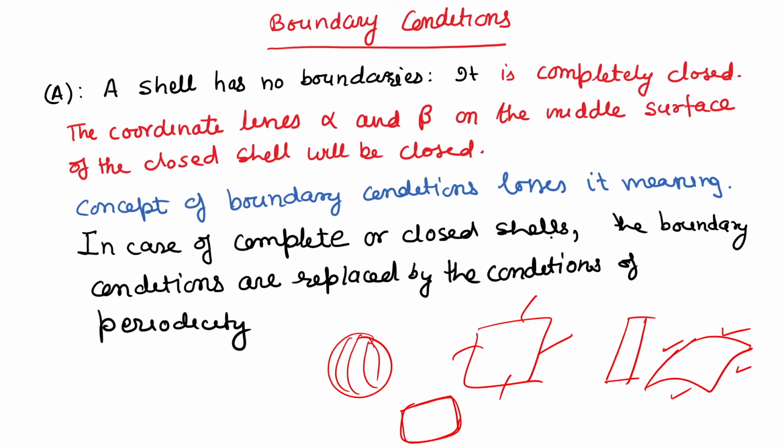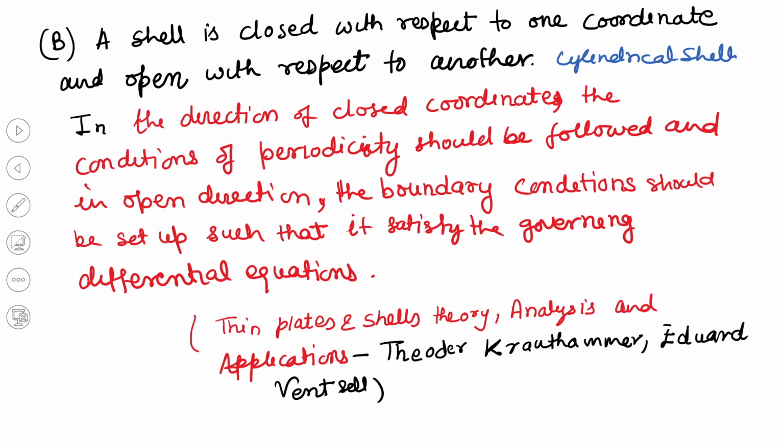So, the concept of boundary condition loses its meaning. In the case of a complete closed shell, the boundary conditions are replaced by the condition of periodicity, means you have to satisfy the boundary conditions in a periodic manner. It is basically a symmetry concept.